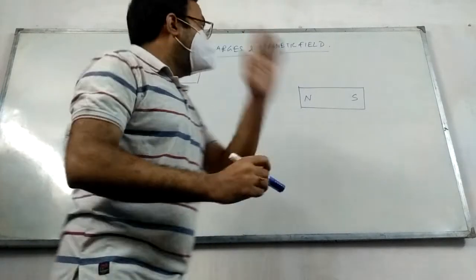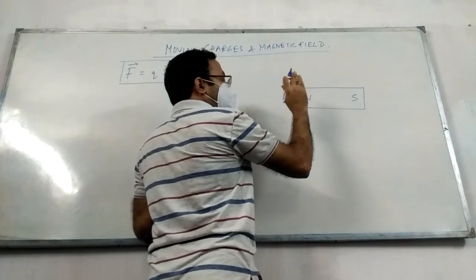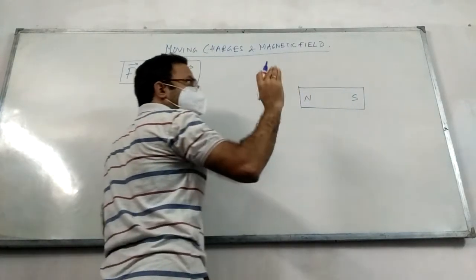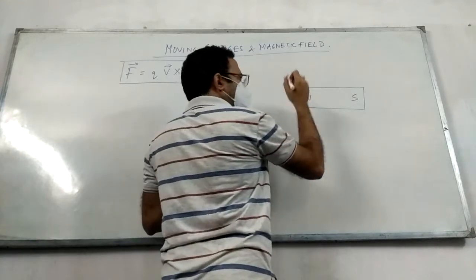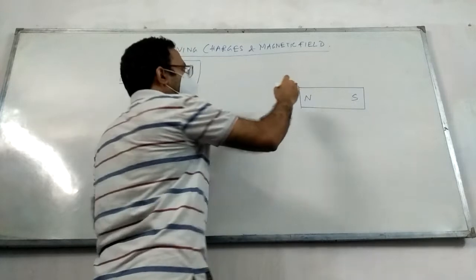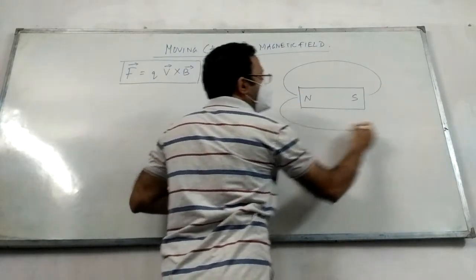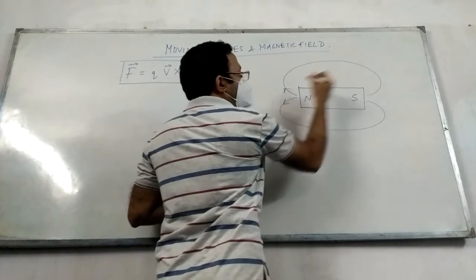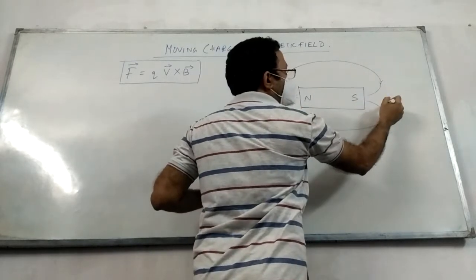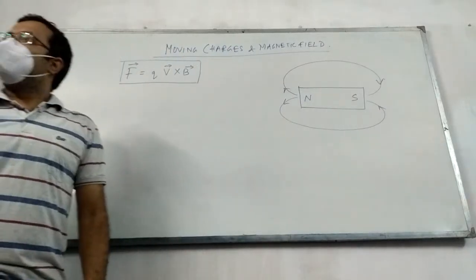Alright, what we understood from basic magnetism, or whatever we have done in previous classes like class 8 or before, in class 10 we did a little magnetism, obviously class 9 and so on: magnetic field lines run from the north pole of a bar magnet to the south pole of the bar magnet outside.